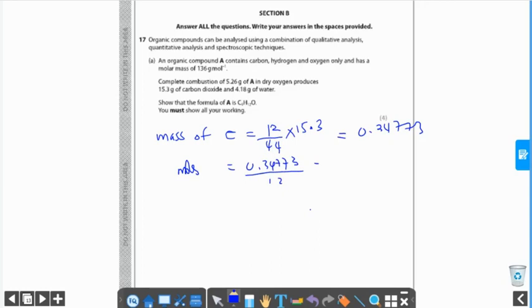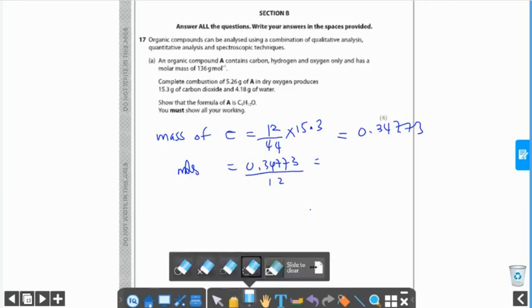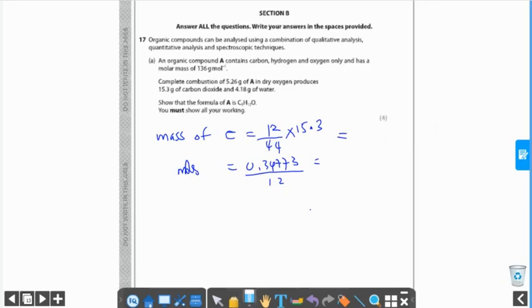Sorry, what I wrote here was the mass, and the moles came out as 4.1727. The mass is what I wrote before, 0.34773.